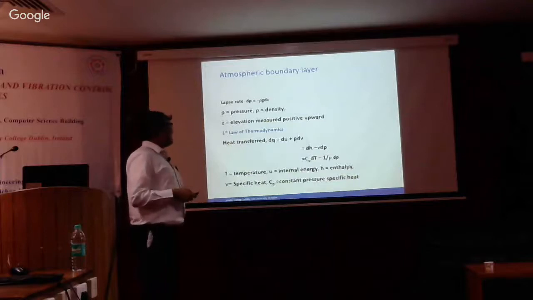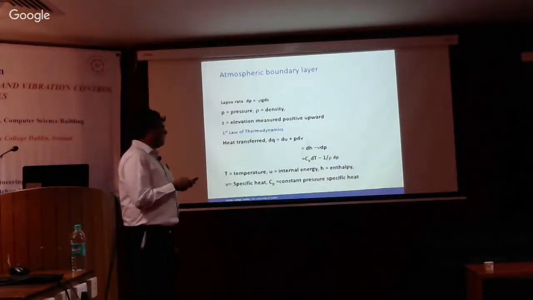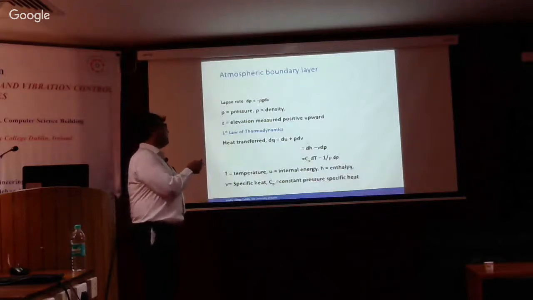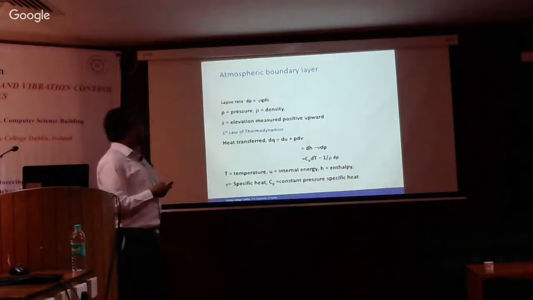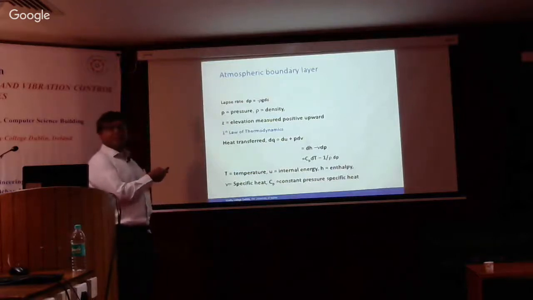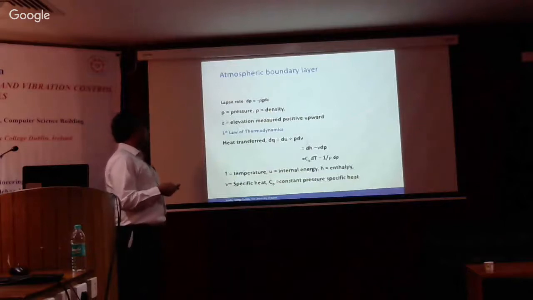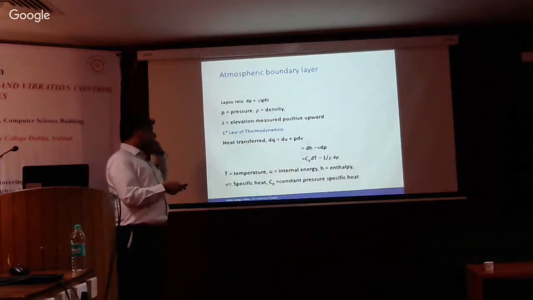Now, if we look at the atmospheric boundary layer, this is called the lapse rate, so the change in pressure is given by dp equals minus rho g dz. It's a linear hydrostatic variation of pressure. And from the first law of thermodynamics, we know that dq is du plus p dv, which is equal to dh minus v dp.